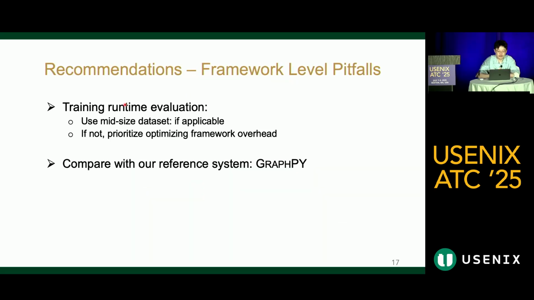So the recommendation here is, first, when evaluating training runtime, we should use a middle-sized dataset if possible. Otherwise, we should first prioritize optimizing the framework overhead. Second, compare with our reference system, GraphPy.